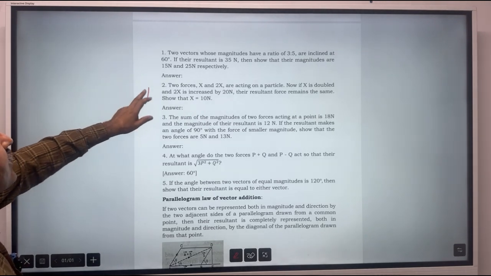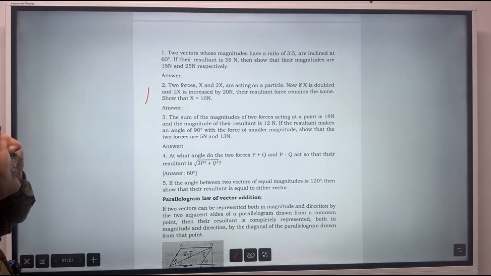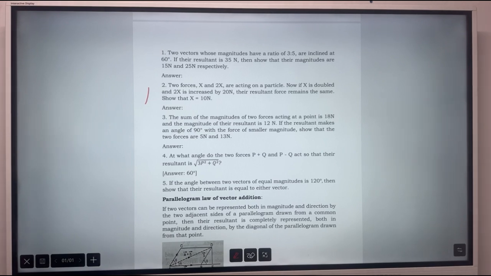Here, the next question is, two forces x and 2x are acting on a particle. Now, if x is doubled and 2x is increased by 20 Newton, their resultant force remains the same. Show that x equals 10 Newton.